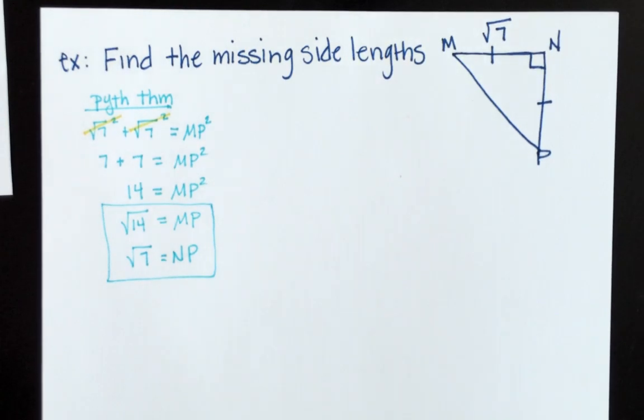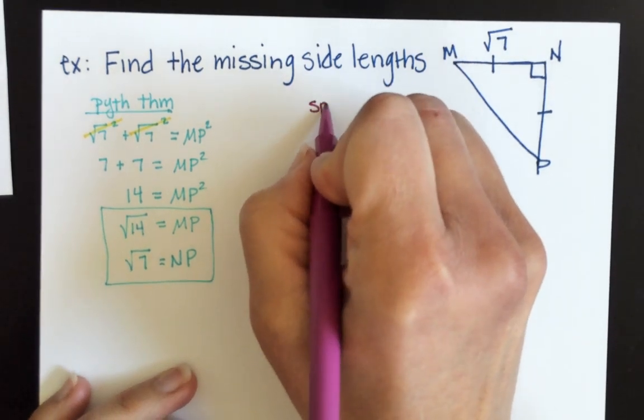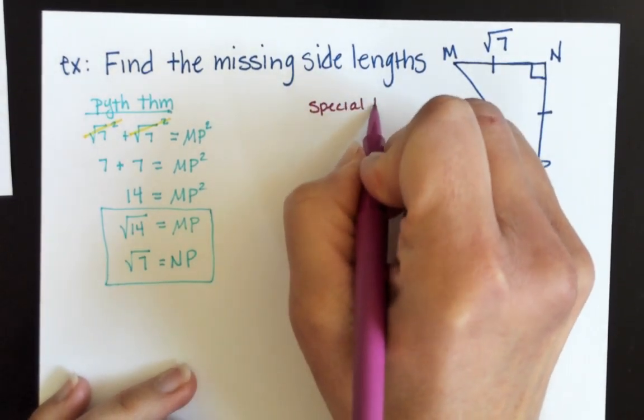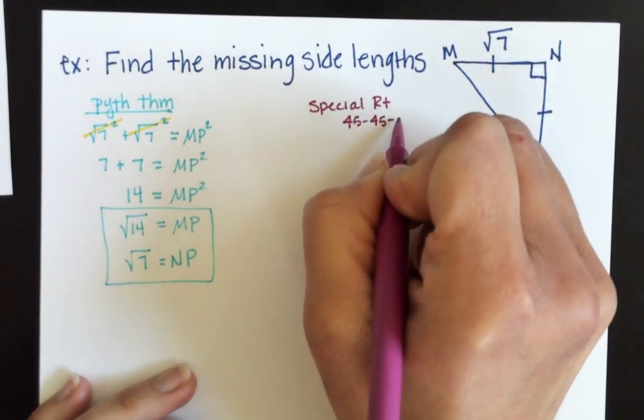Now you could do this by using your special right formula for 45, 45, 90.